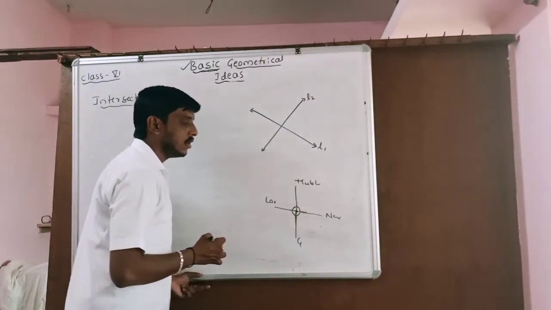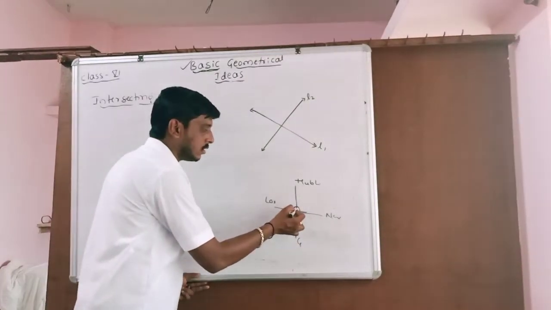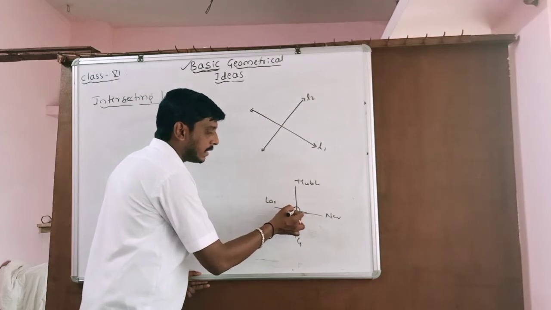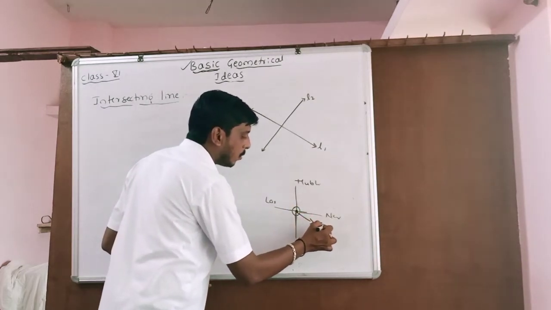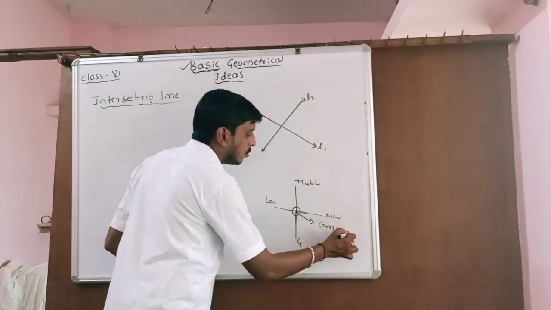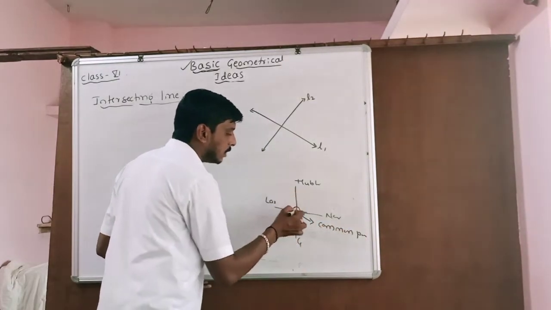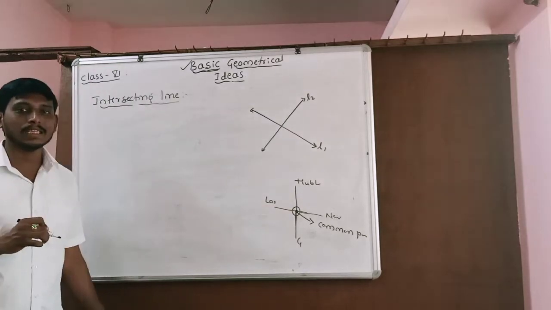All the roads meet at a particular point. This point is called the common point, and the lines are called intersecting lines.